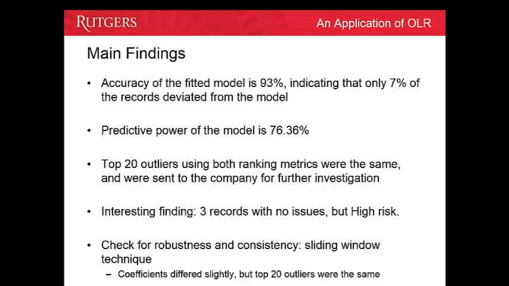That could have meant that there was an error, or that could indicate some suspicious record. Again, we asked the auditors what happened, and they were able to actually go back and examine those cases, and they found that this was an interesting finding.